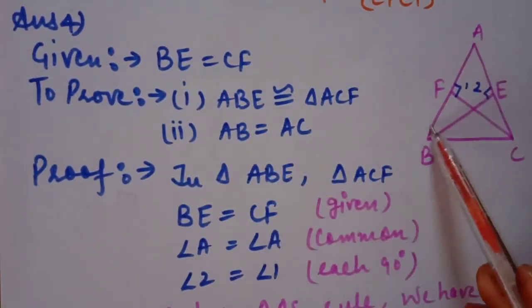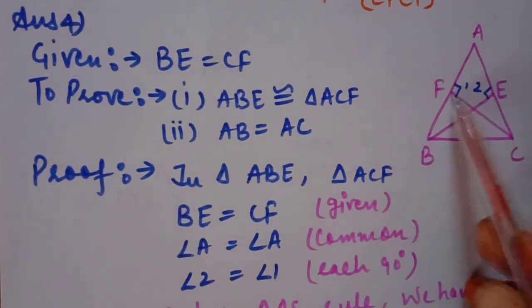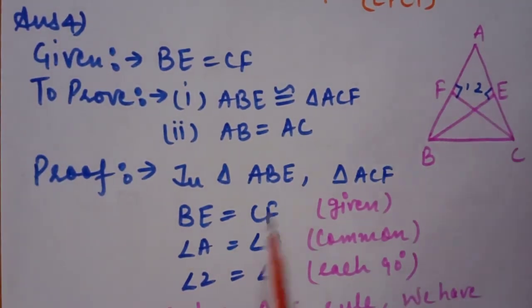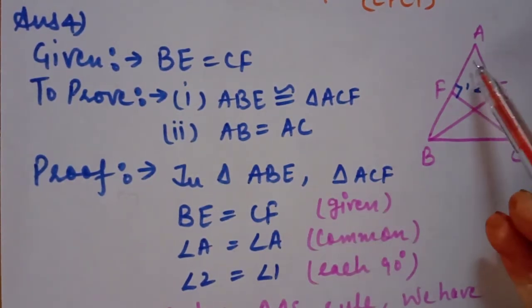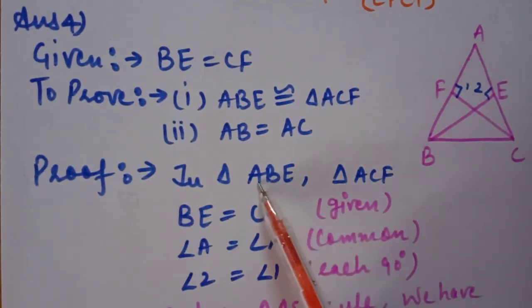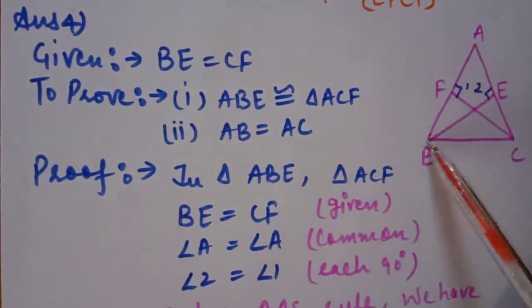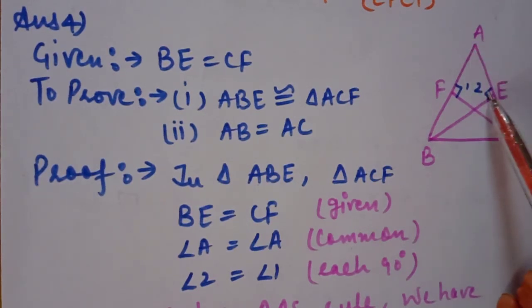In triangle ABE and triangle ACF, first of all, BE and CF are equal to each other, it is given. And angle A is equal to angle A, common. Angle 2 and angle 1: now we will check because we have to take corresponding parts. In triangle ABE, we have angle 2 as 90 degrees.